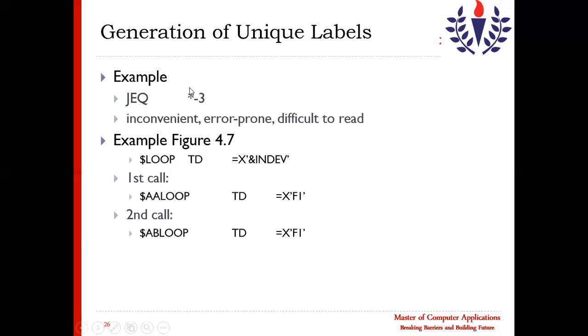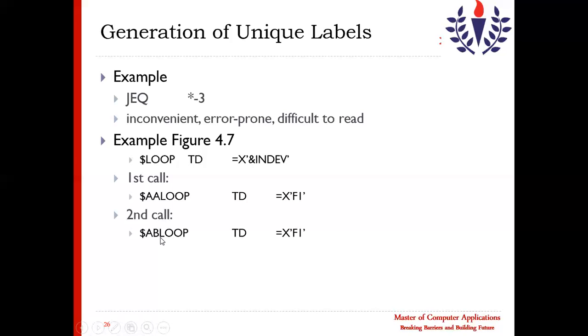Instead, we can use this technique, the generation of unique labels. How? Like if inside the macro this loop label is used, when the macro is called the first time, a unique label can be put, like it will start from a. Again when this macro is called, the statement will become b in the second call.